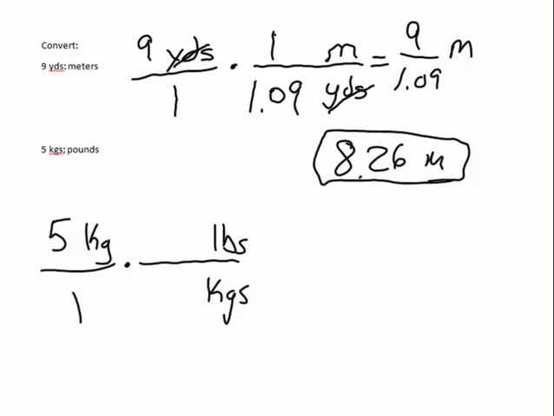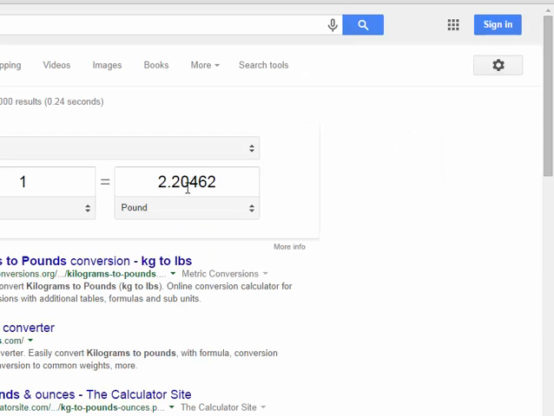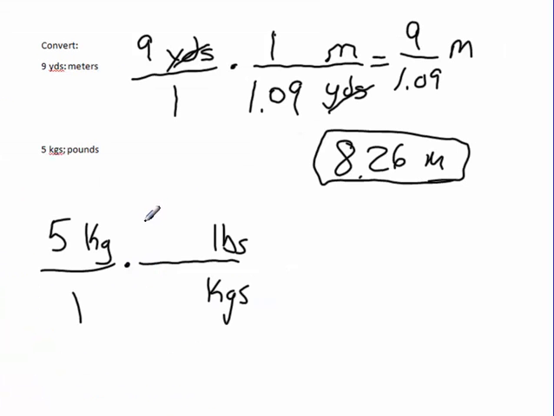So let's go look that up. Okay. I found that there are 2.2 pounds in every 1 kilogram. So I can now cancel my kilograms because I have a kilogram in the numerator, a kilogram in the denominator. They are gone. And now I want to multiply 5 by 2.2.